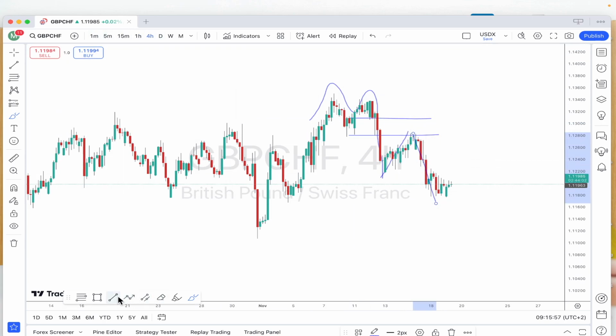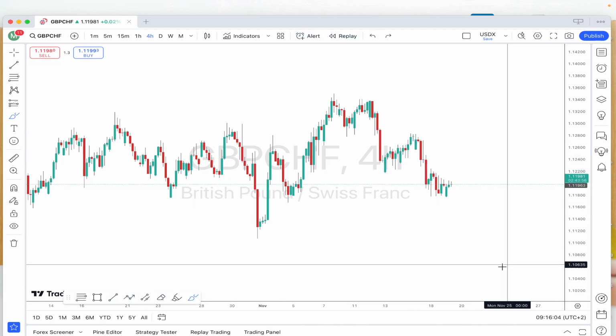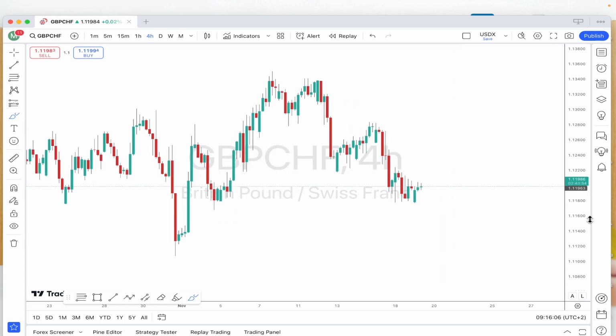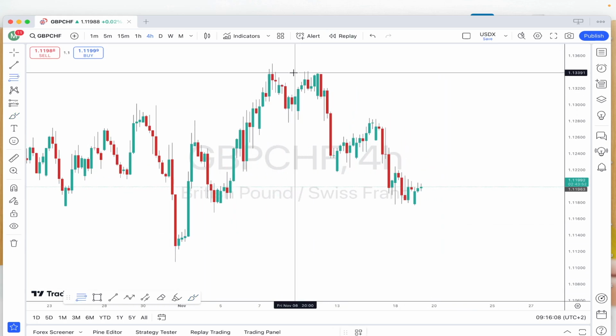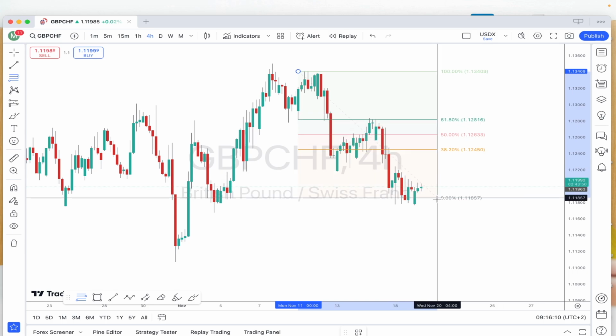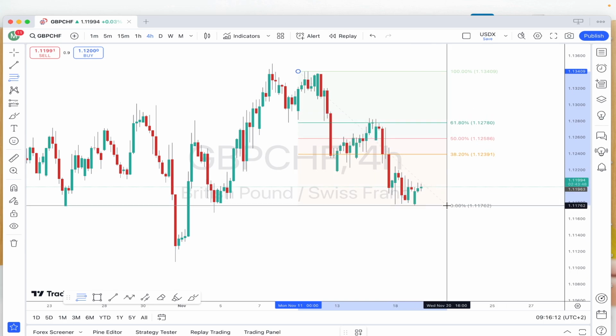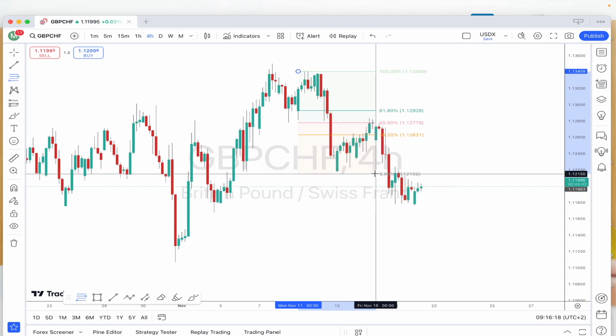Now looking at it from the fib level, if you put your fib, you realize that you should have a similar setup. This is how it is now. That's a 61 point. If I measure with the current low, if I measure with this low, you're actually at a 50%.